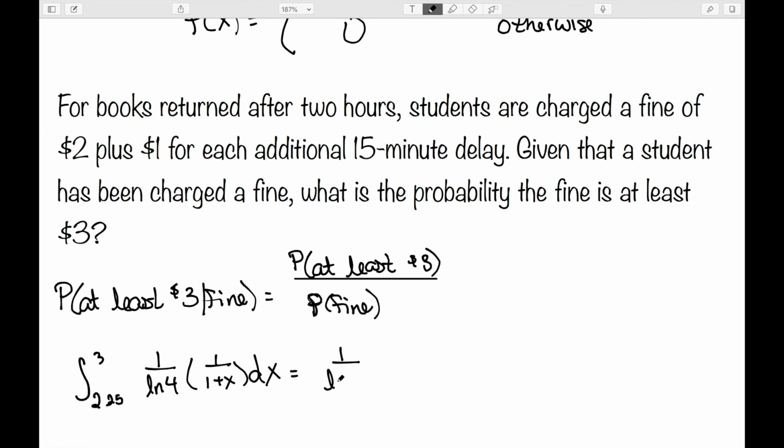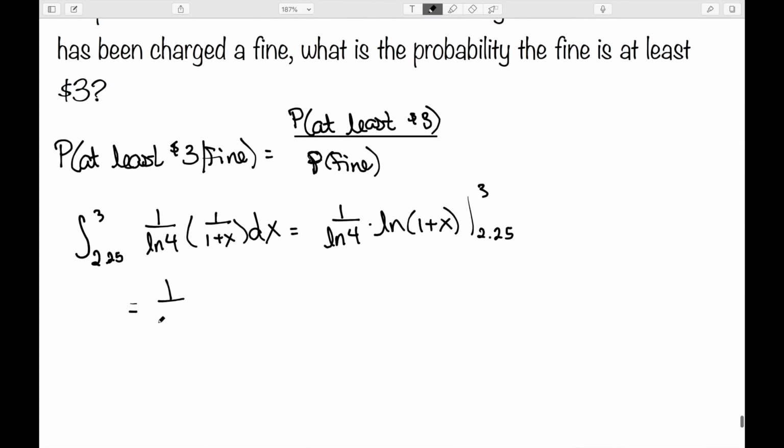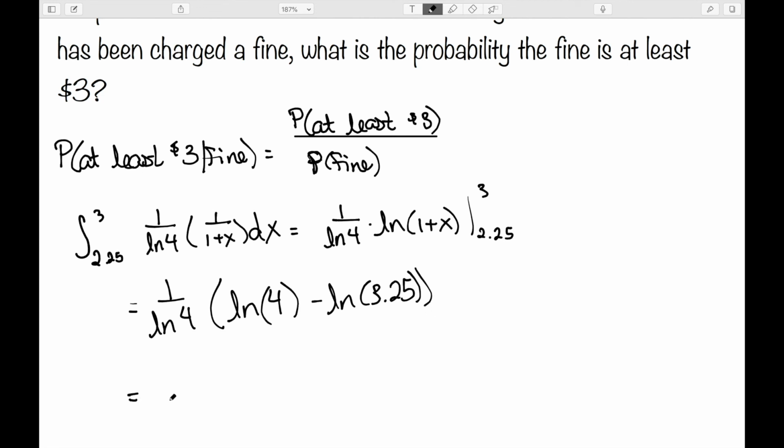So this is 1 over ln of 4 times ln of 1 plus x, taken between 2.25 and 3, which ends up being 1 over ln of 4 times (ln of 4 minus ln of 3.25), which works out to approximately 0.1498. So the top of this fraction is 0.1498.